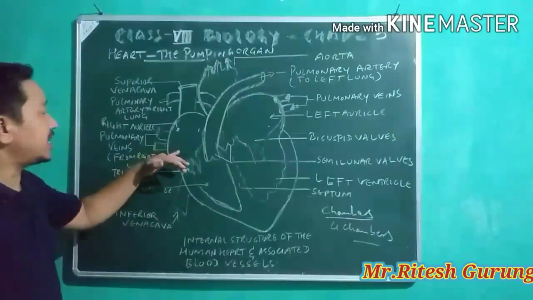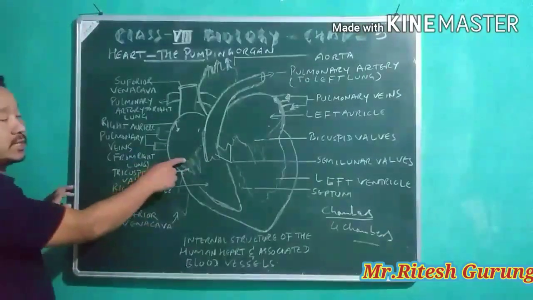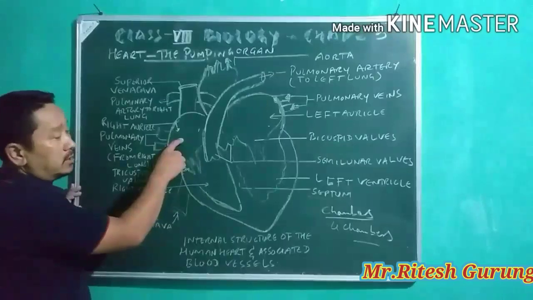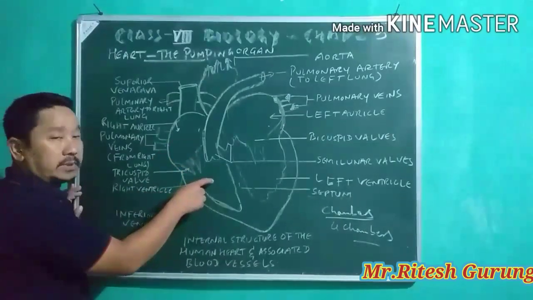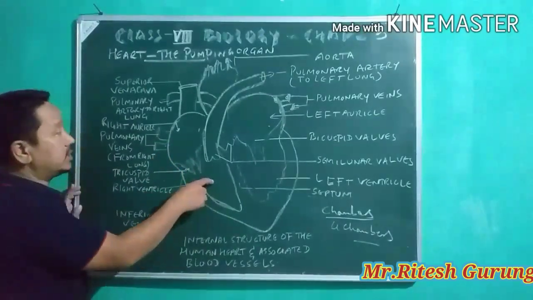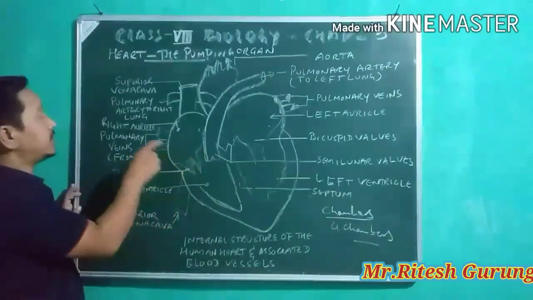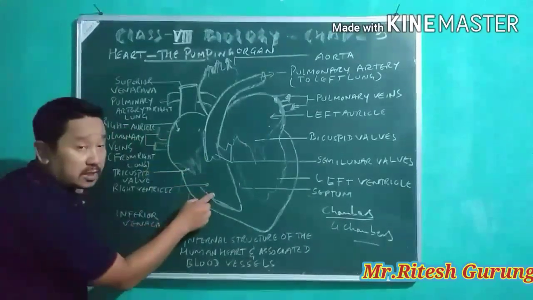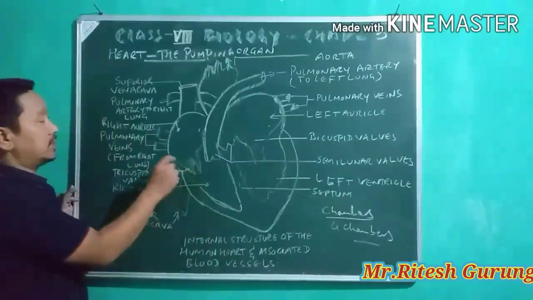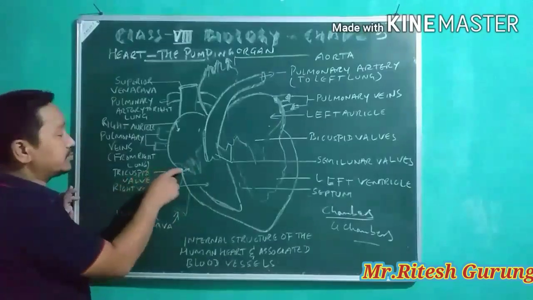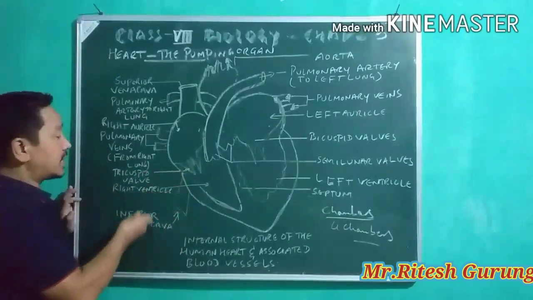On the right side, the valves which separate the right auricle from the right ventricle are called tricuspid valves.